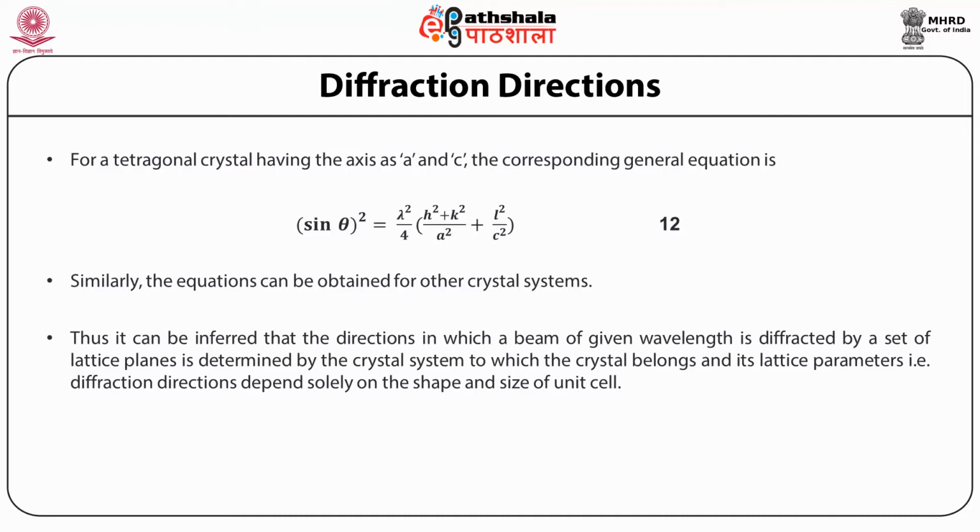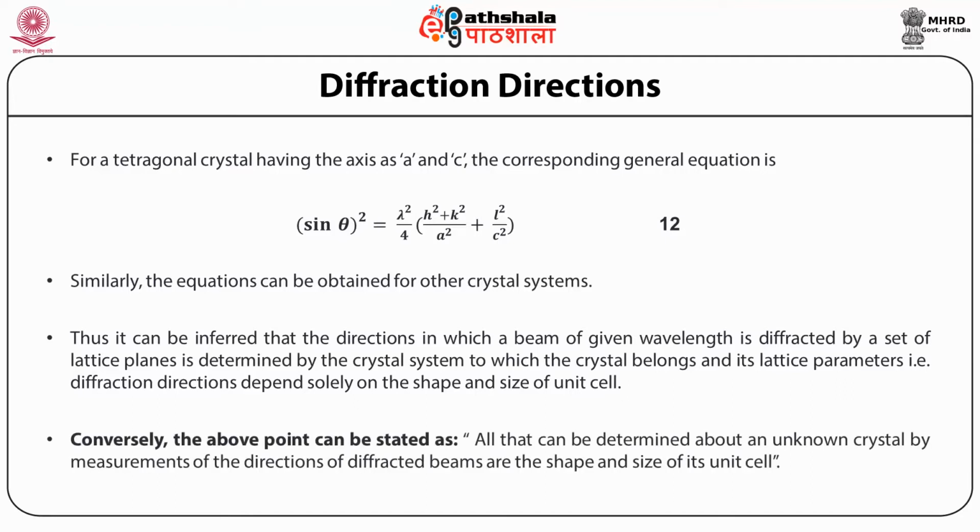That is, diffraction directions depend solely on the shape and size of unit cell. Conversely, all that can be determined about an unknown crystal by measurements of the directions of diffracted beams are the shape and size of its unit cell.